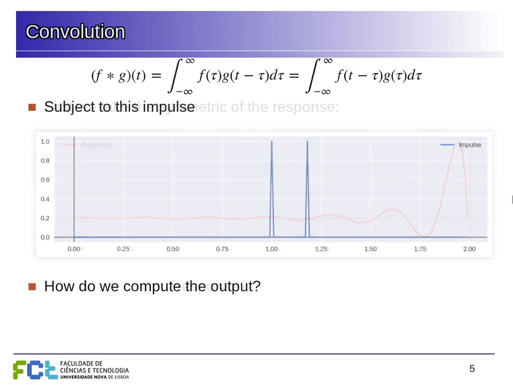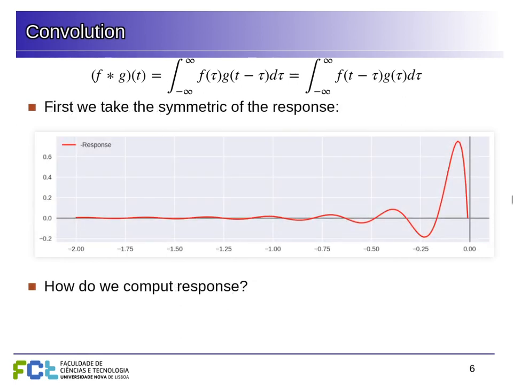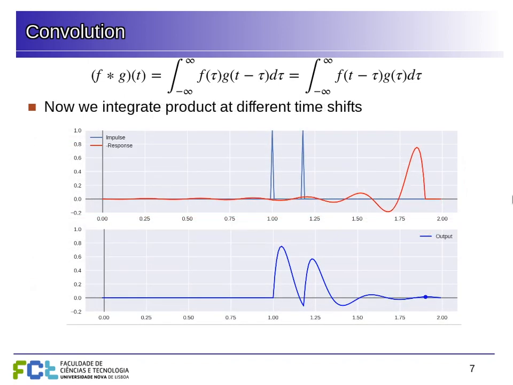And so what we can do is to take the symmetric of the response, for example, and then compute the convolution of the two functions at different times. So this would be using different time shifts for the symmetric of the response, and this is the result of the integral of the product of those two at different time shifts.